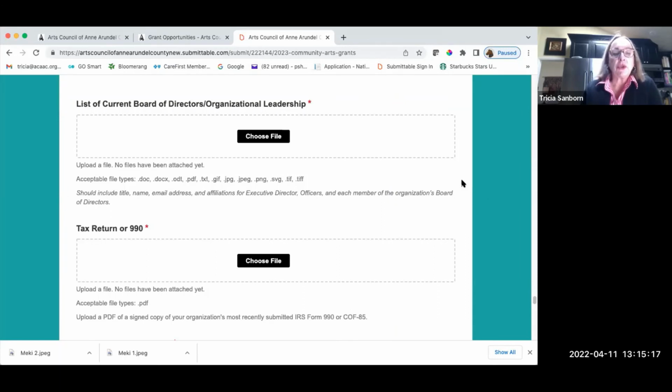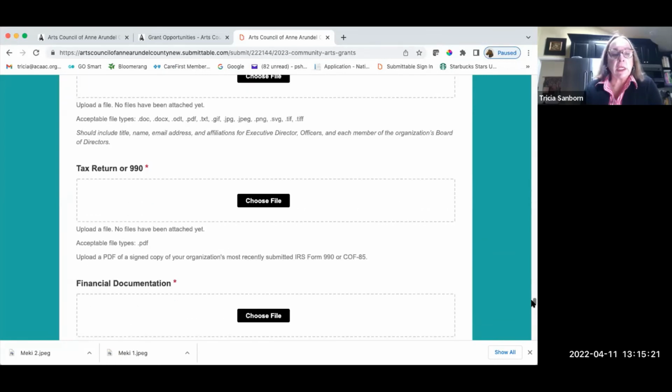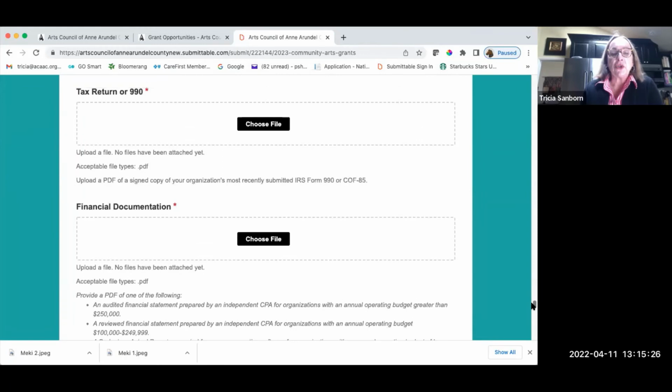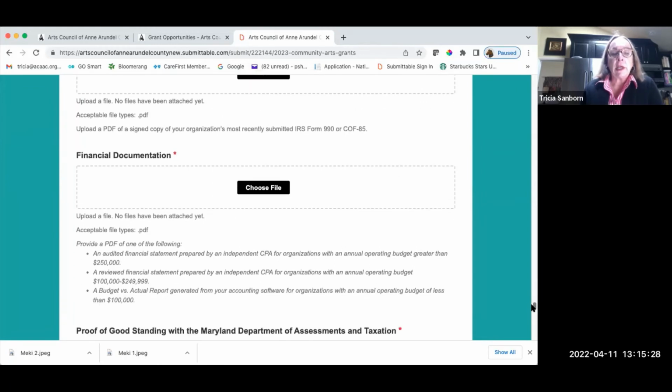We need your tax return, or otherwise known as, for most of you, a 990, some of you might be using a COF 85. Your financial documentation: if you're over $250,000, it should be an audited financial statement.